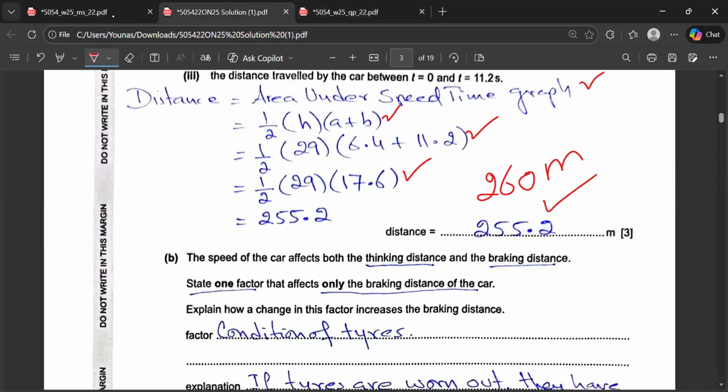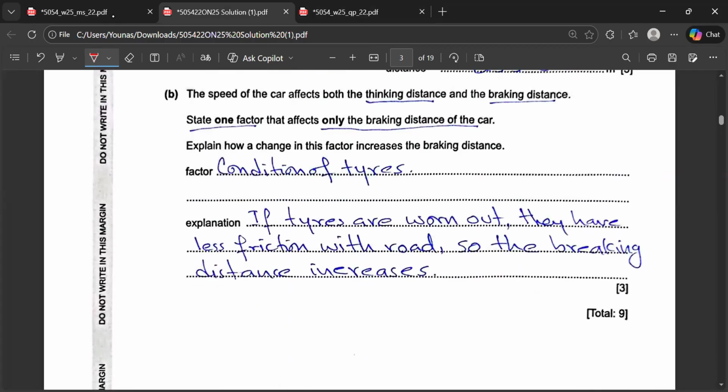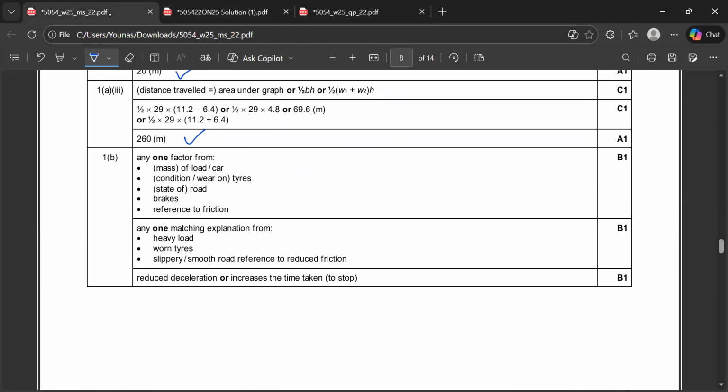Let me show you. I have also written this answer, and here is the answer written by me. The factor is the condition of the tires. If the tires are worn out, they have less friction with the road, so the braking distance increases. And you can also look at the marking scheme. It says any one factor from the mass of the loaded car, condition, wear on tires, state of the road, brakes, reference to friction.